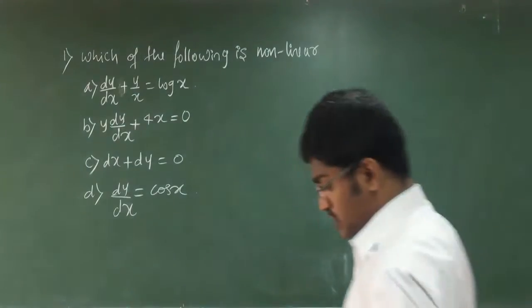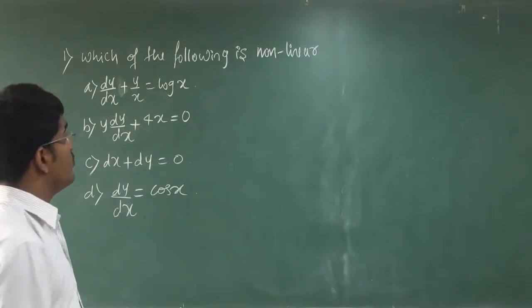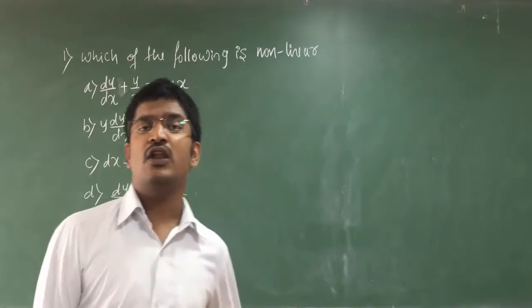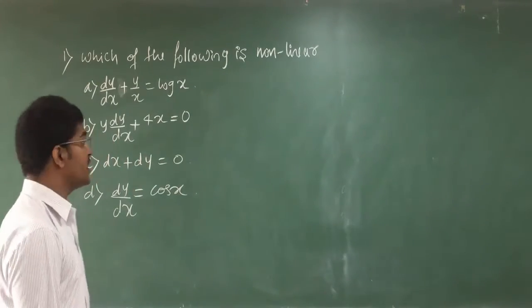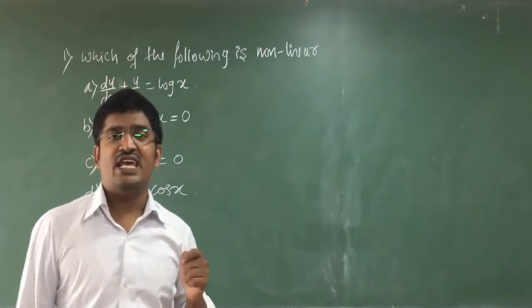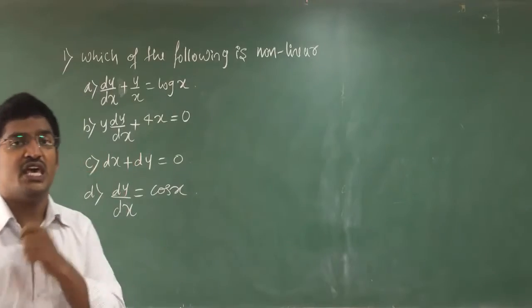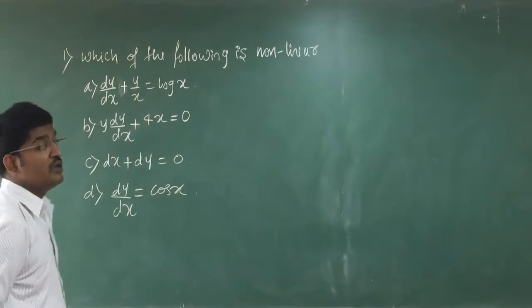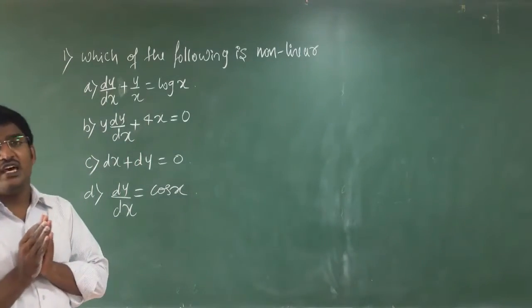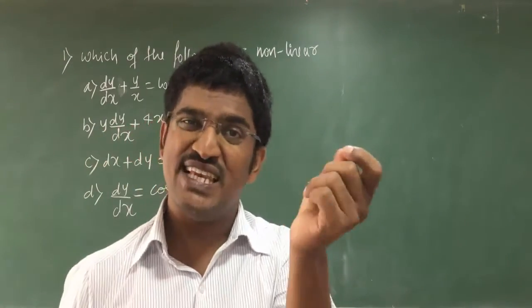Okay, students, now let us solve one of the problems on finding linear and non-linear differential equations. See here, which of the following is non-linear, they are asking. For non-linear, you must know what is linear.